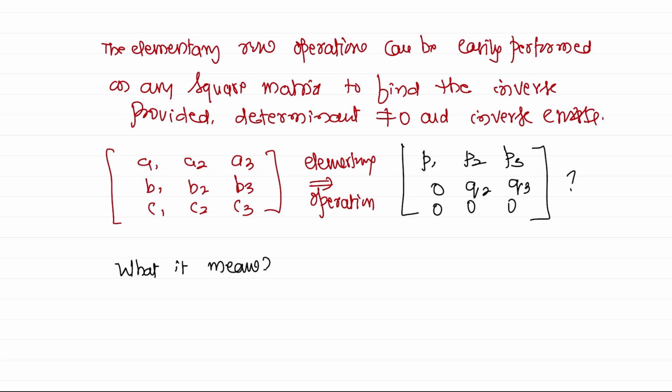Give your mind a little work of thinking and try to understand, if the result after elementary operations looks like this, what is the meaning of it, and try to find out the inverse of the 3 by 3 matrix.